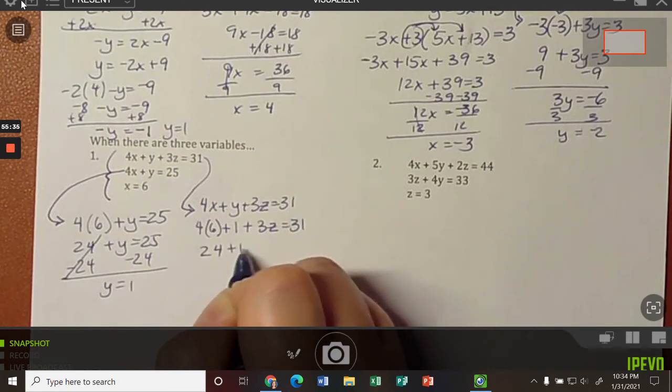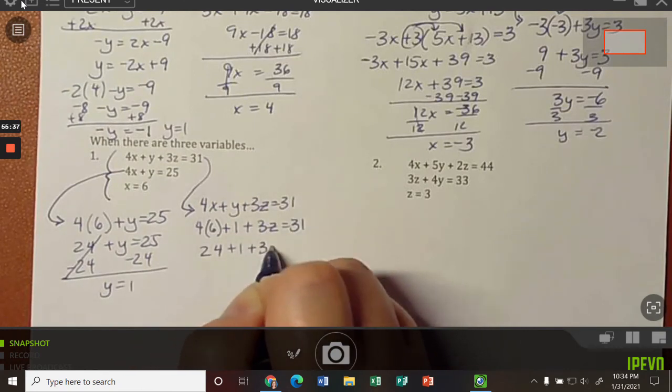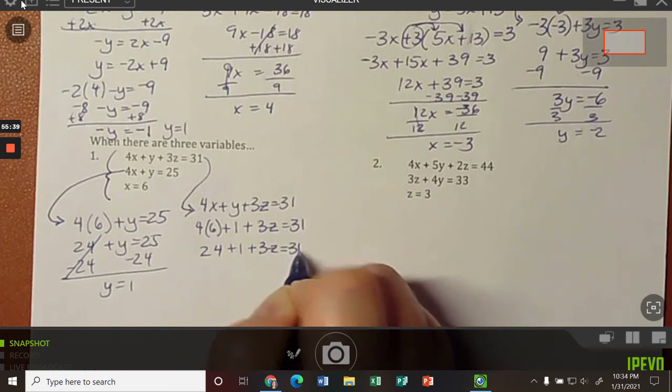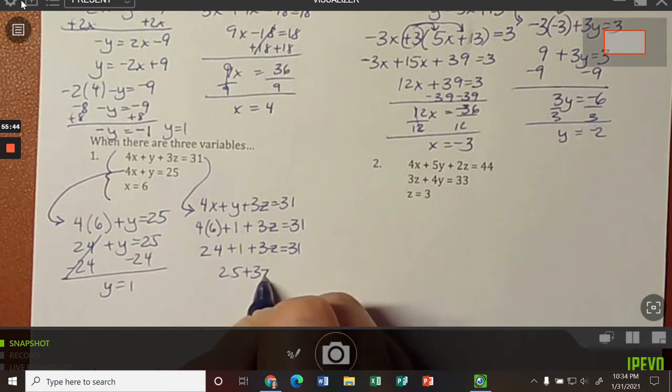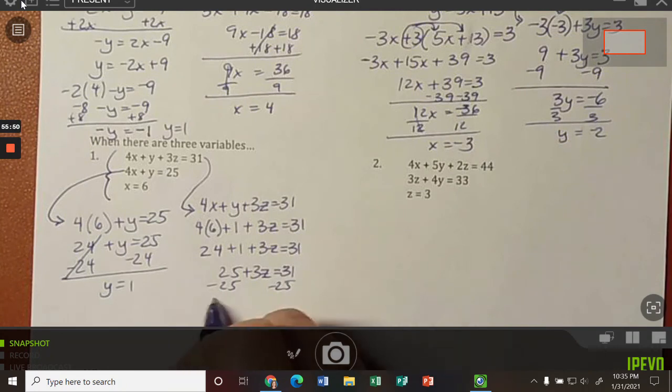Bring down the plus 1 plus 3z equals 31. 24 plus 1 is 25. Bring everything else down. Subtract 25 from each side. This gives us 3z equals 6. Divide each side by 3 to get z equals 2.